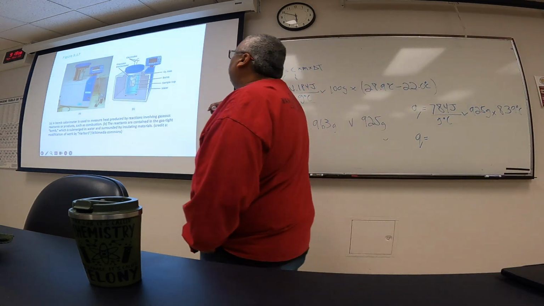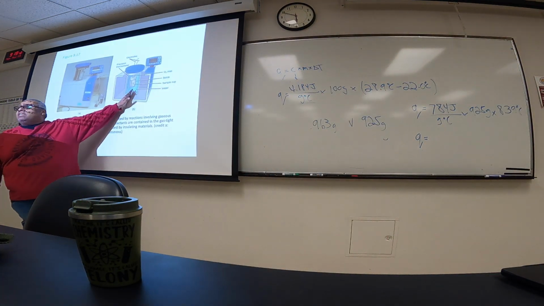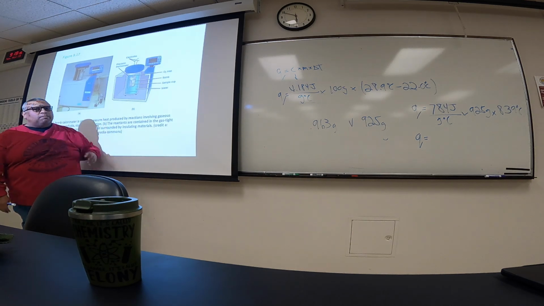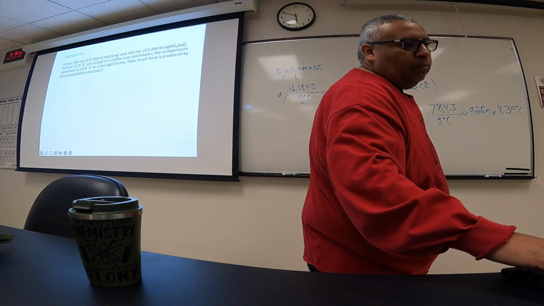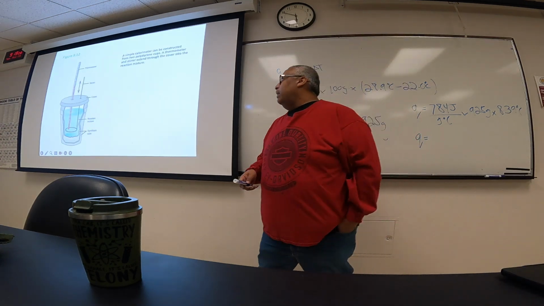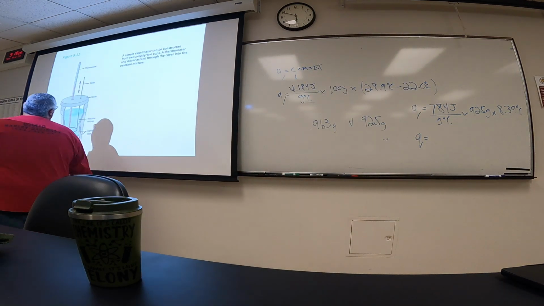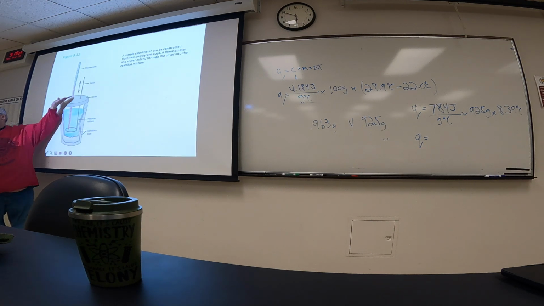And this is a bomb calorimeter. With a bomb calorimeter, the volume is kept constant, right? It's much different than these here. As this reaction builds up, the temperature increases, but the atmospheric pressure can change.